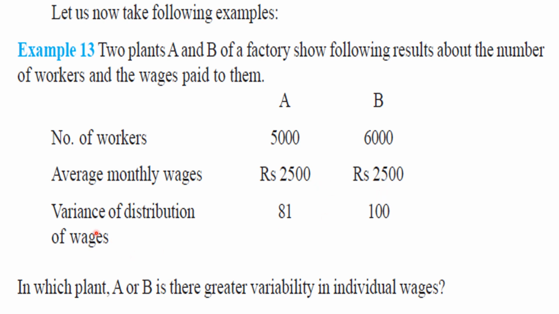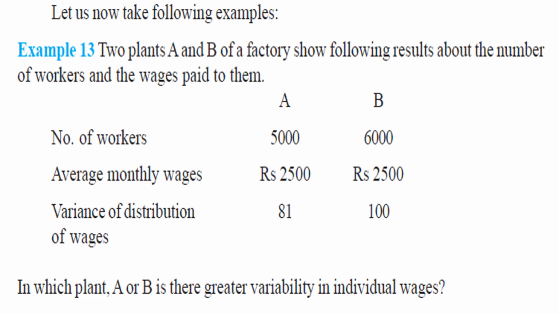Okay, my children. Variance of the distribution of wages of plant A is 81 and plant B is 100 respectively. In which plant, A or B, is there greater variability in individual wages? Understood this question, my children? We have to find the variability in the individual wages.